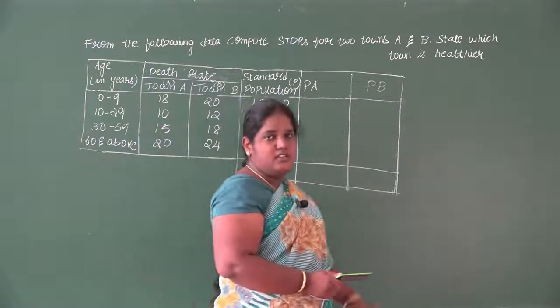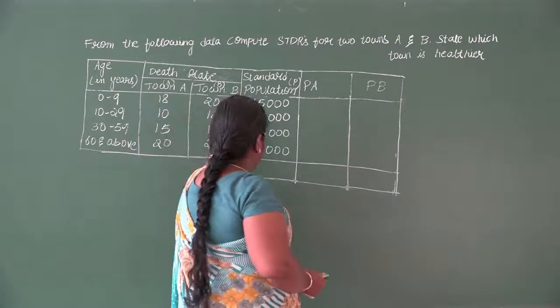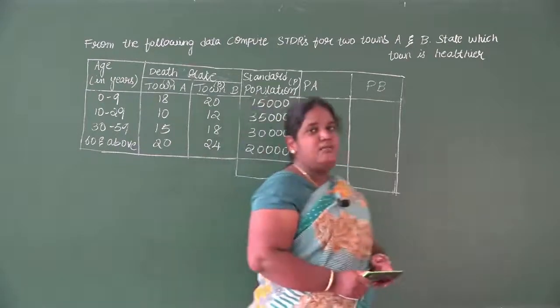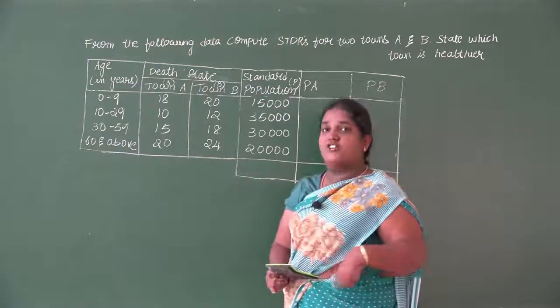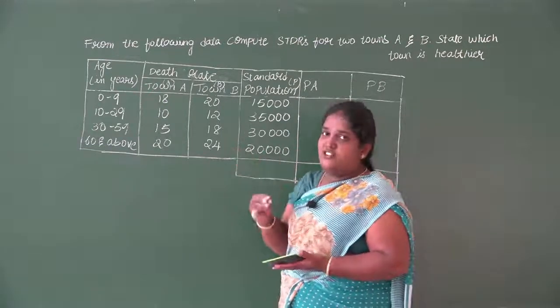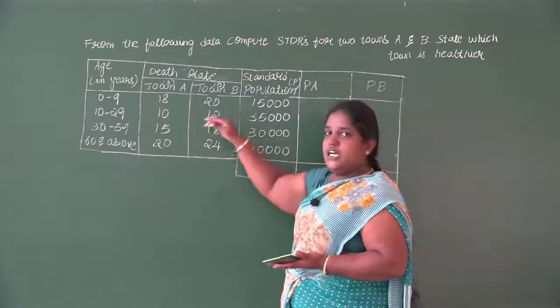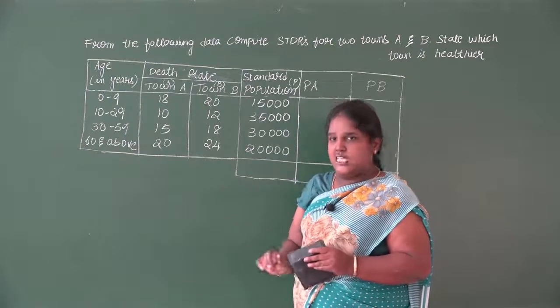So A value is given, B value is given, standard population is P, and sometimes they'll give the population also, the population of town A and town B, just to confuse you all. But if it is mentioned as death rate, death per thousand, ASDR, directly take those values as A and B. Again, don't calculate the ASDR values.